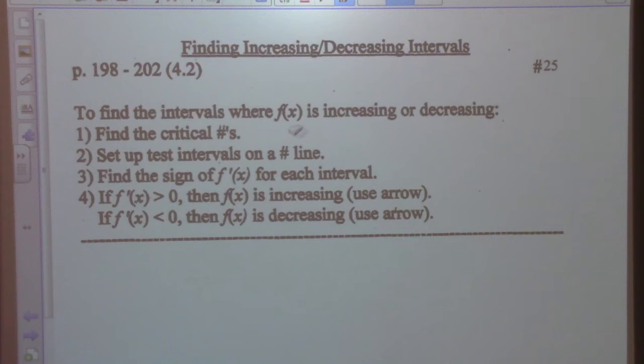It says find the critical numbers, set up test intervals. And so basically these instructions are things that we've already had some experience doing, right? Yes. We've done them for how long now? Two weeks? It's been a while now.